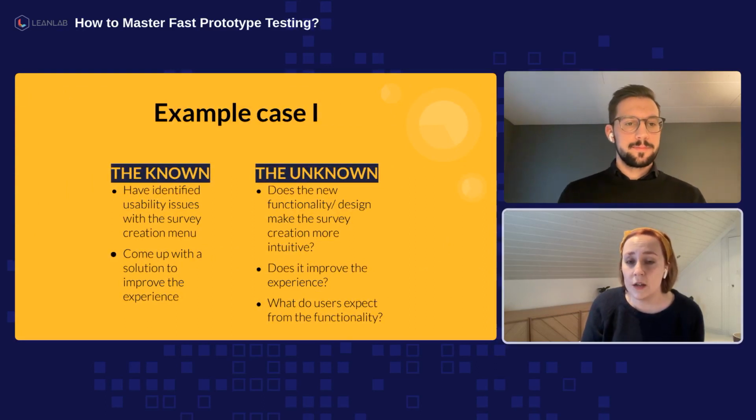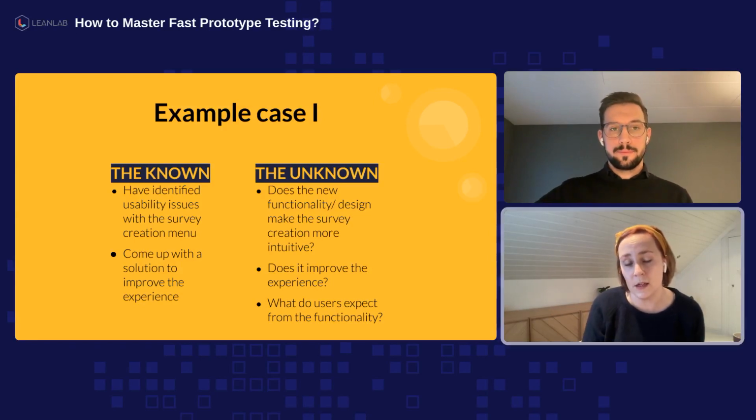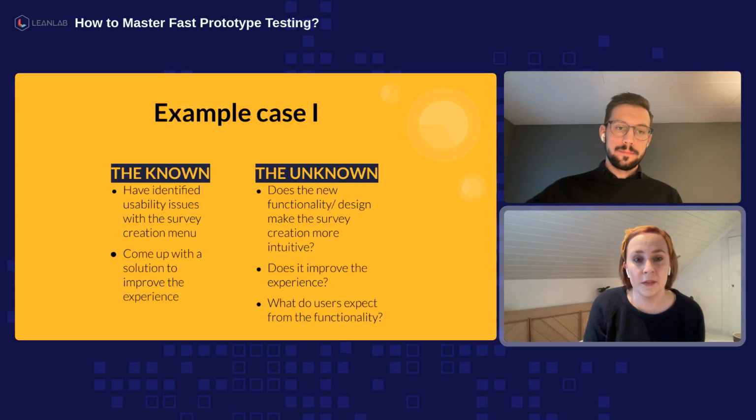The knowns are that we've identified usability issues with the current feature and have come up with a solution to improve the experience. But now we want to know how our users perceive it. Is it really meeting their expectations? Does it improve the experience? What do the users then expect from that functionality?